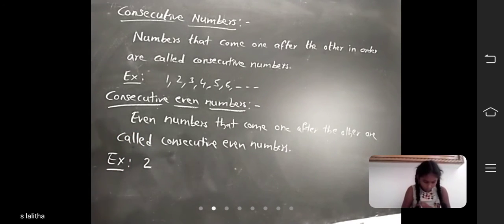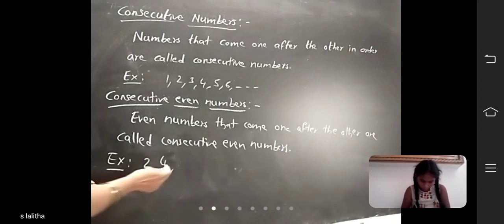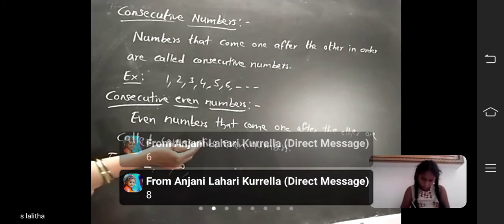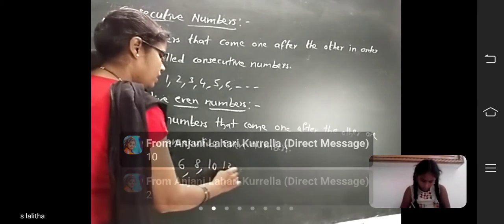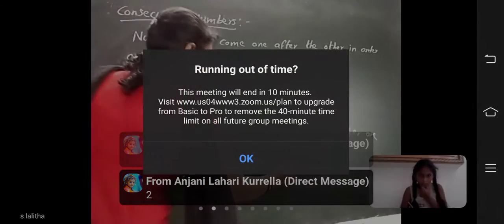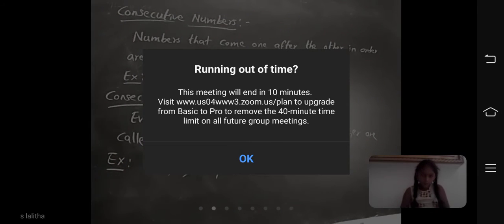What is the next even number, children? Next even number is 4. And next even number after 4 is 6. And next even number 8. And next even number 10, 12, 14. Like that. So these are the consecutive even numbers. Did you understand, ma'am?